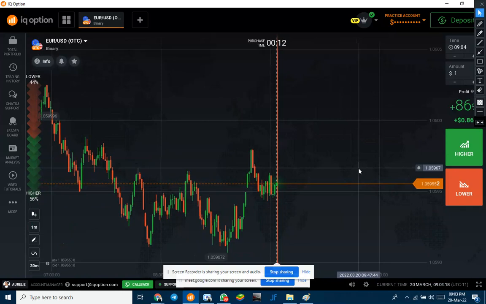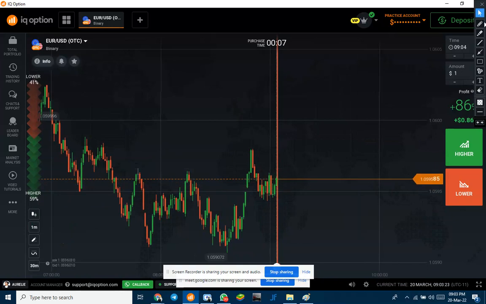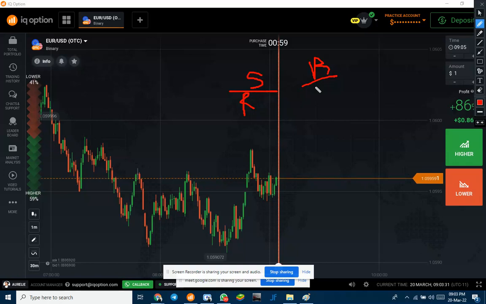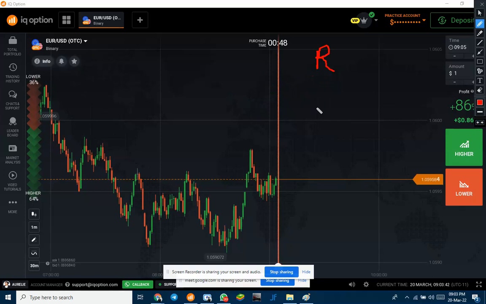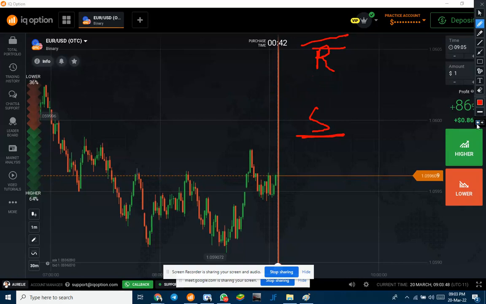So I'm talking about SNR, key factor, whereby support becomes resistance, or resistance becomes support. This is the key factor. Or you can just say using the resistance level, or using the support level.